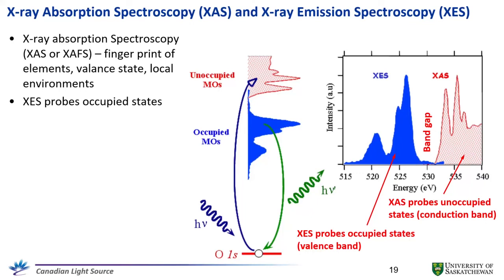This emission gives you some information about the occupied band of the electronic structure. So this is a very rough explanation of how it works. From these two methods, you can measure the electronic structure. You can measure the band gap between the occupied band and the unoccupied band.